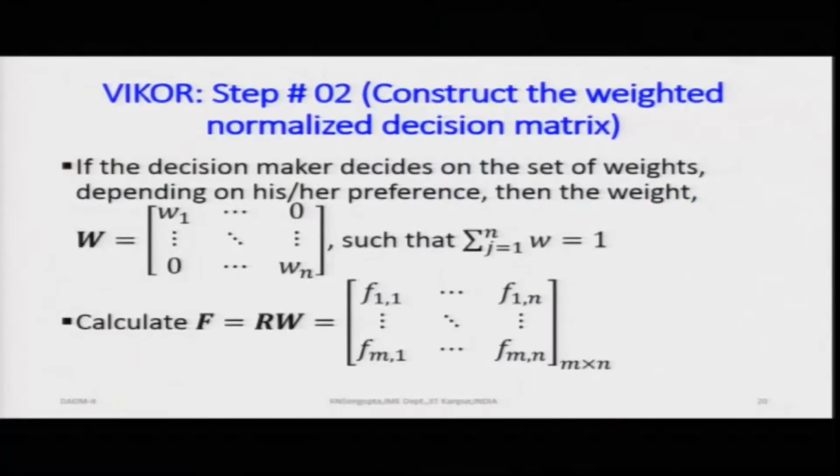Similarly, the last row, Fm1 till Fmn, is basically the normalized weighted so-called points or scores for the first criteria on the mth alternative. Similarly, Fmn, with m comma n in the suffix, are the weighted normalized scores for the nth criteria for the mth alternative. So, these being done, now we proceed.